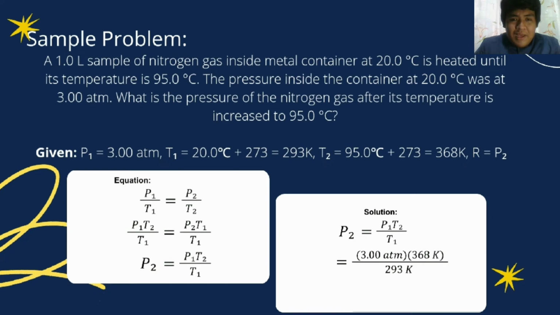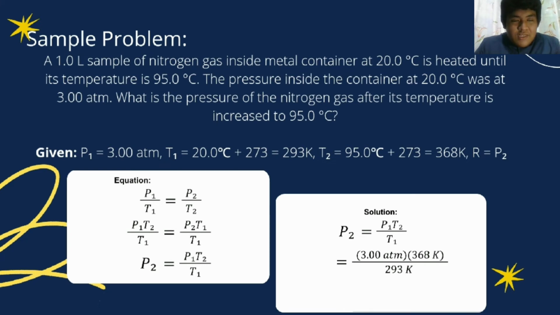So what do we need our equation to be? So first, we need to cross multiply. P sub 1 times T sub 2 and P sub 2 multiplied by T sub 1. So next, what you will notice is why is it over the initial temperature?